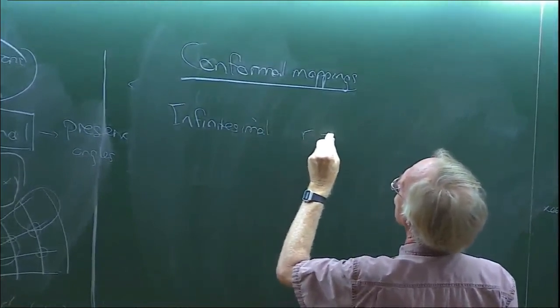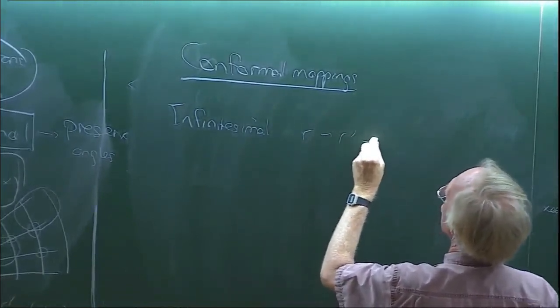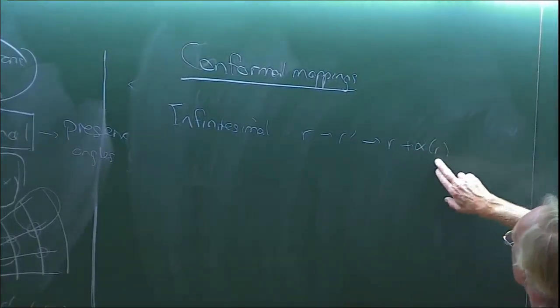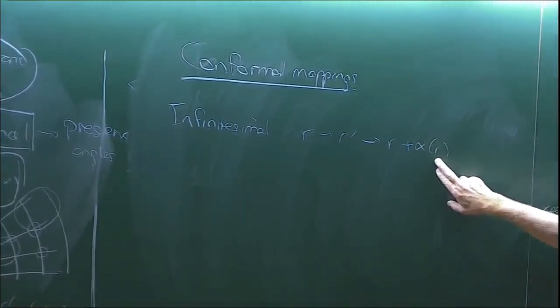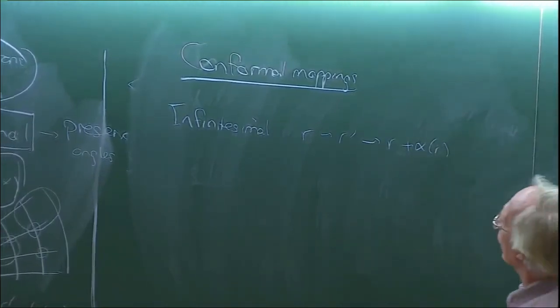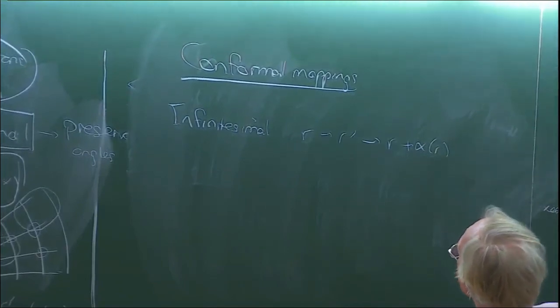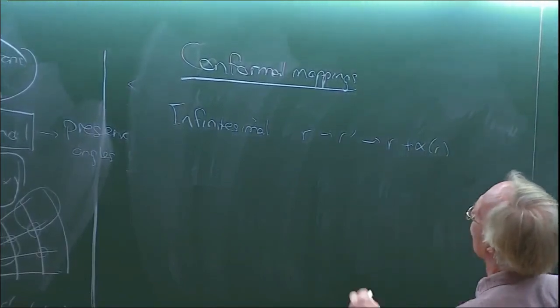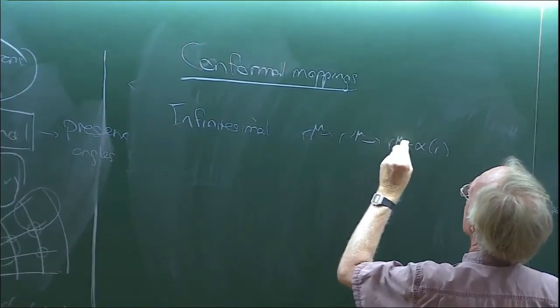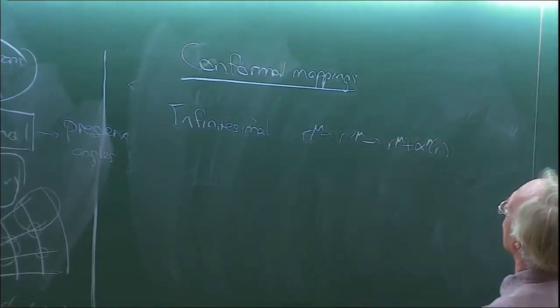R goes to R prime, which is R plus alpha of R. So alpha is going to be some infinitesimally small function of R. I could put an epsilon in front of it if you want, just to remind us that it's very, very small. Okay, and I'm going to start using coordinates now, and I'll put the coordinates upstairs just like we do in GR, okay?